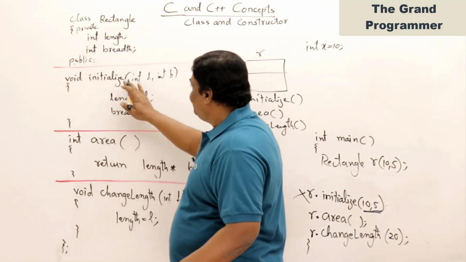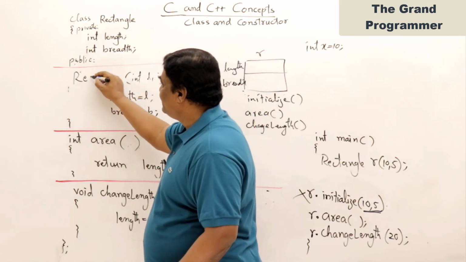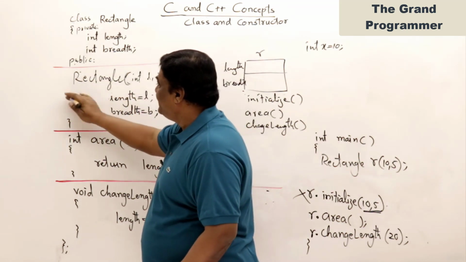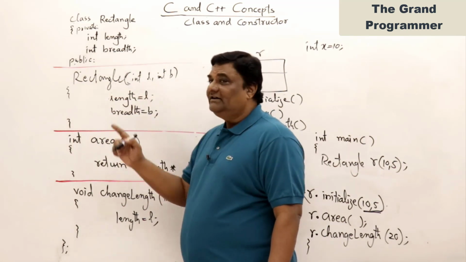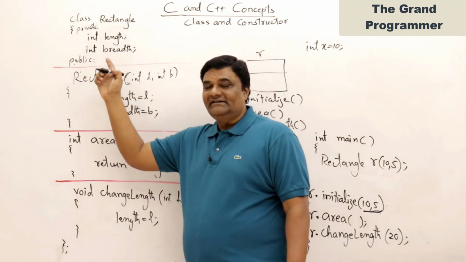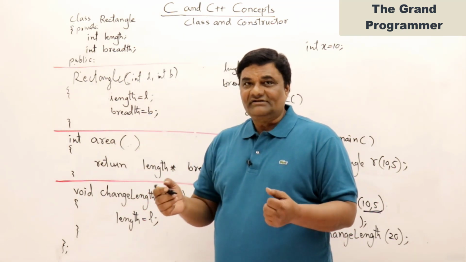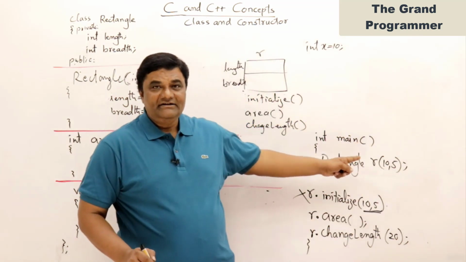So yes, same initialize function, I will change the name. I will call it rectangle. What is this? This is the same as the class name and there is no need of void or anything. Just write the class name. This has the same name as the class name, so this becomes a constructor. Yes, this is a constructor. This will be automatically called whenever we are creating an object.